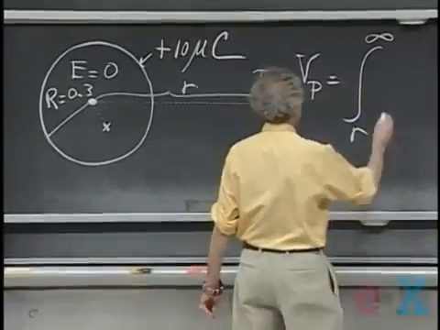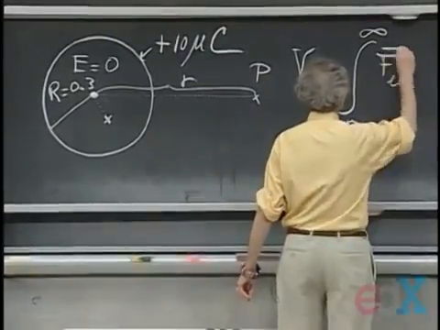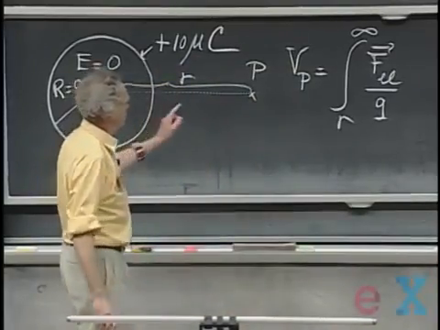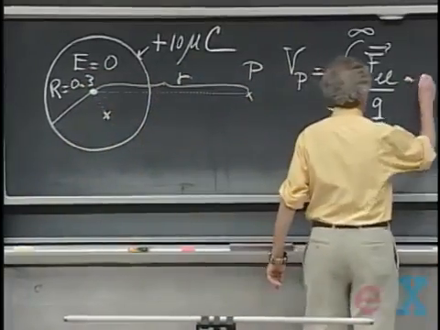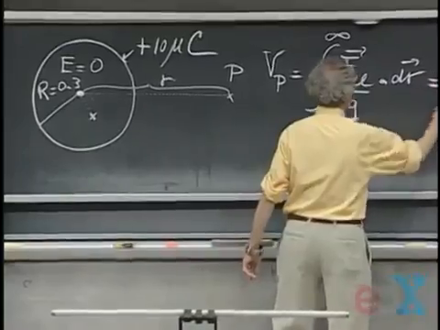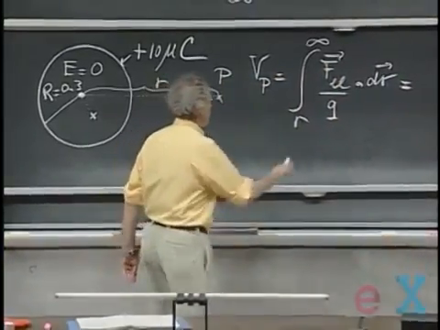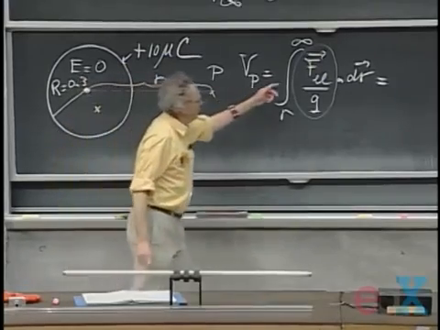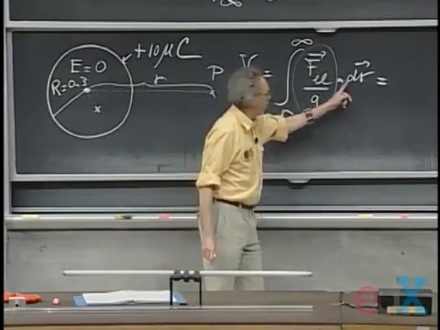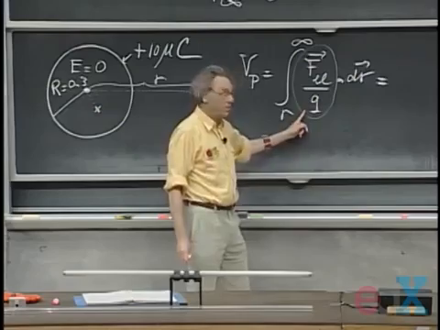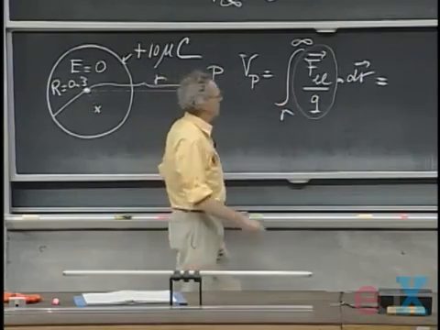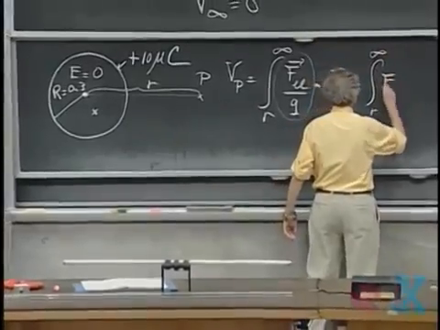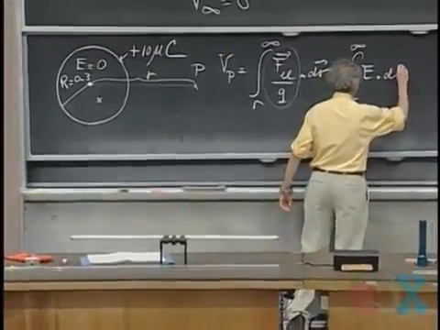If I take the electric force divided by my test charge Q, dot dr, but this is the electric field. It is force times distance is work, but it is work per unit charge. So I take my test charge out, and so this is the integral from r to infinity of E dot dr, sorry.